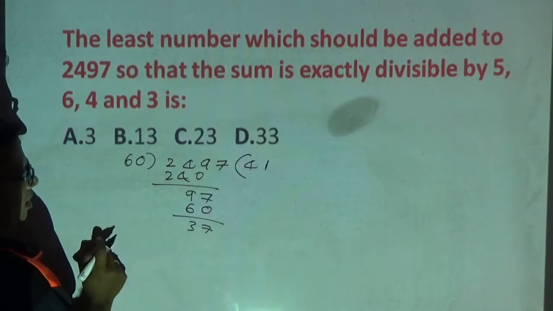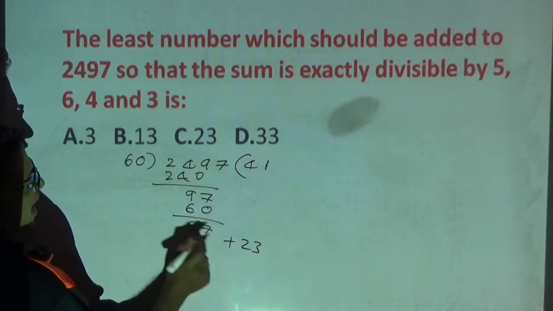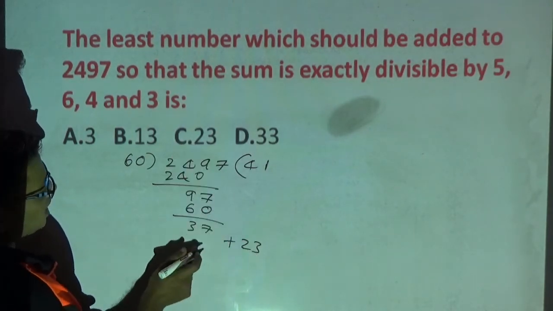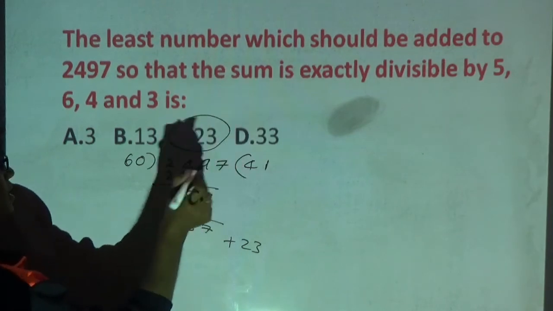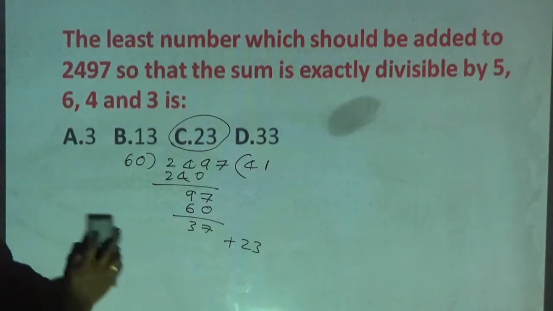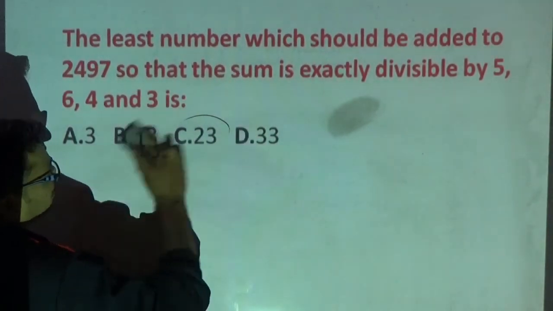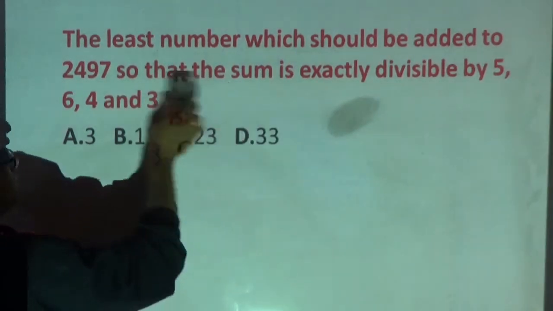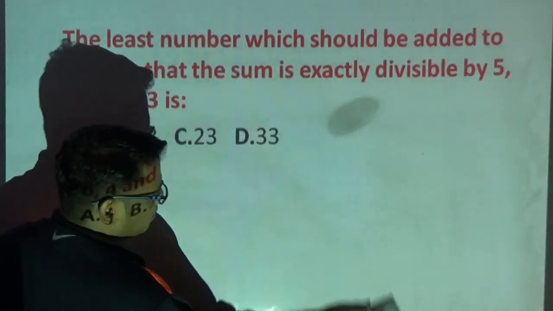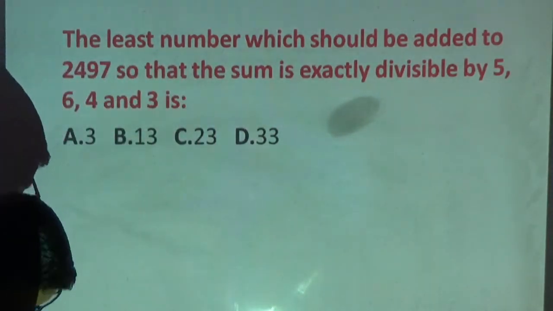But it is not 60, it is less. It is less by 23. If I add 23, this will become 60, I can divide. So what should be added? 23 should be added. Therefore what is your answer? Option C. That's it. Very simple problem. Only by understanding the logic and applying the shortcut, I can solve any problem in less than 10 to 15 seconds. Okay. That's it.